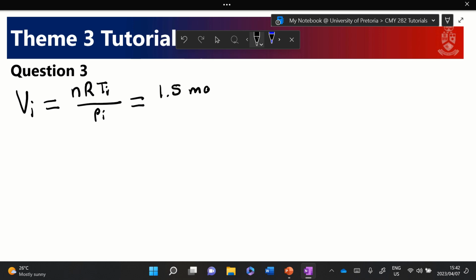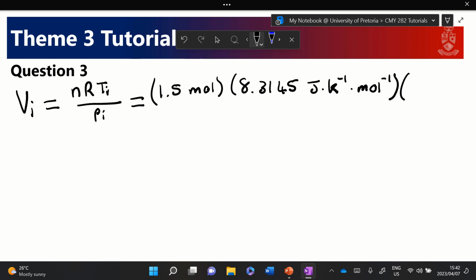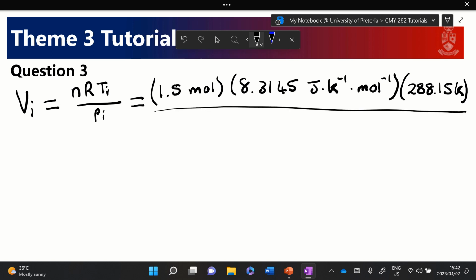The number of moles doesn't change. 8.3145 joule per Kelvin per mole times the initial temperature, given as 288.15 Kelvin, and that's all divided by 9 atmosphere, which is the initial pressure. I hope. Yeah, initially at 15 degrees Celsius and 9 atmosphere.